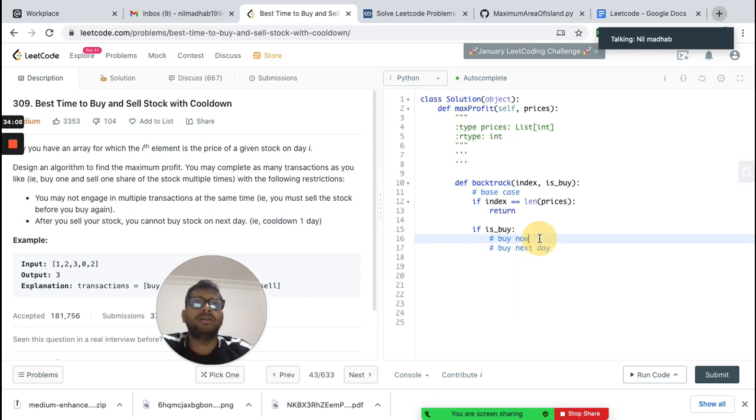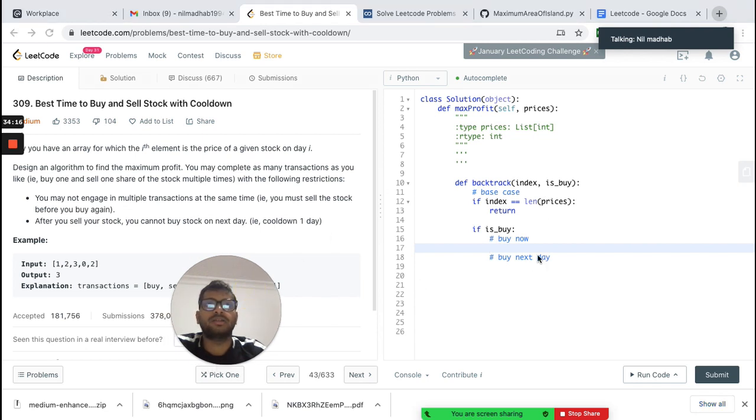If I buy now, I will buy it today, so the price will be prices of index. Or I can do a backtracking of the next day, which will be index plus 1, and is buy will still be true.